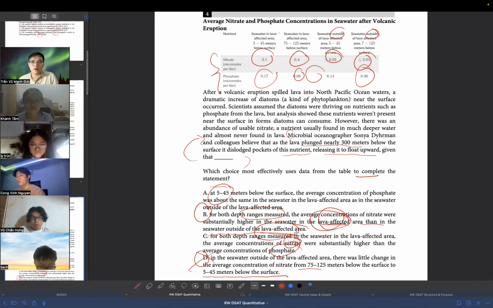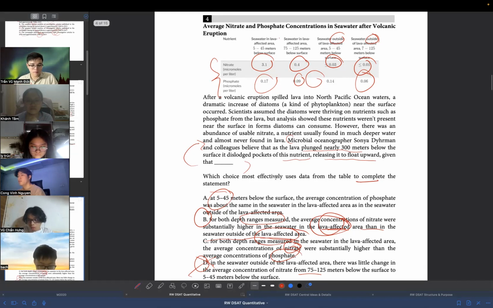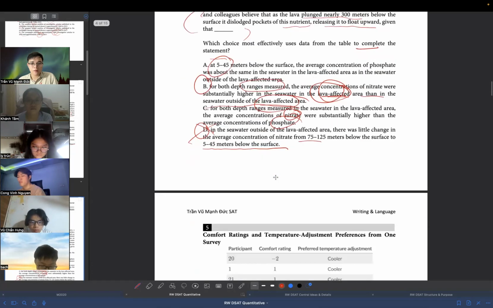So B is the only one that is reliably concluding that lava is directly causing nutrients to rise up from the bottom. So it's B. Very good. This one is quite confusing at first if you don't know what to do, but try to look for the comparison, because you're trying to compare the areas affected by lava and the areas that are not affected by lava. So 4B. All right.